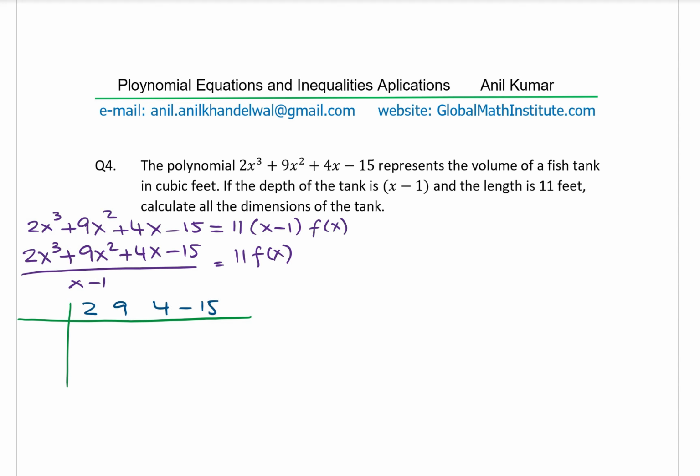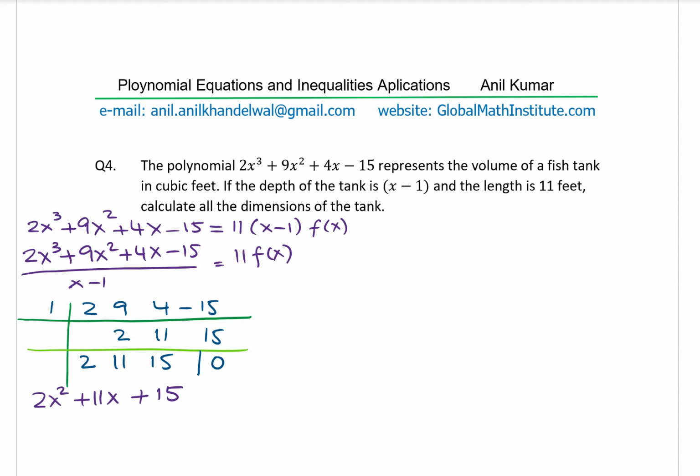We are dividing by 1, and yes, let's bring it down. 2 times 1 is 2, add them, 11. 11 times 1 is 11, you get 15, and then we get remainder 0 as expected. So the quotient here is 2x squared plus 11x plus 15.